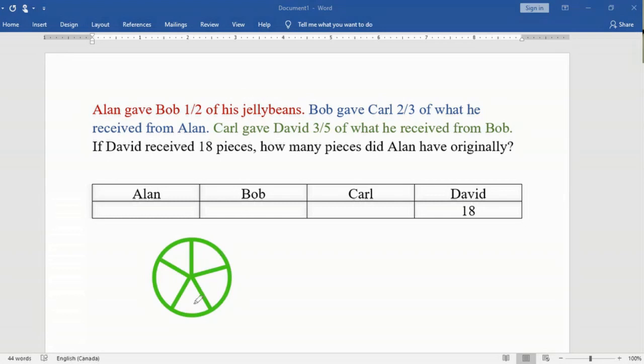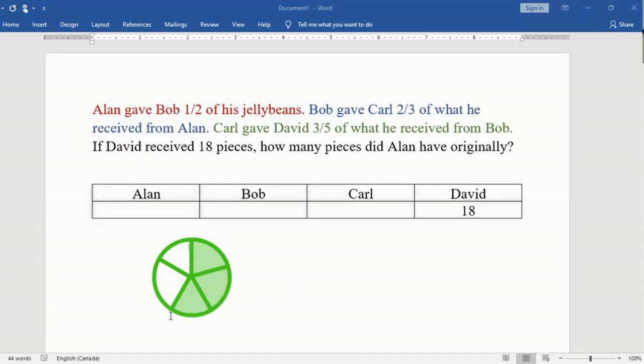These fifths are not equal, but this circle is supposed to represent all of the fifths that Carl received from Bob. Now I'll shade in 3 of them. There.